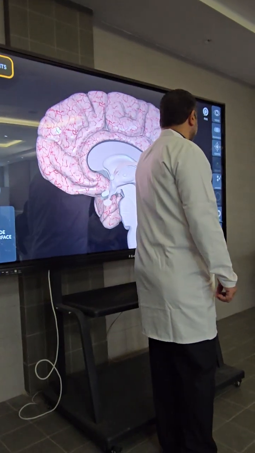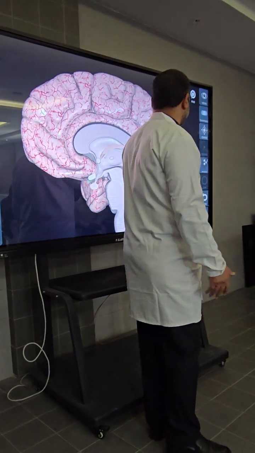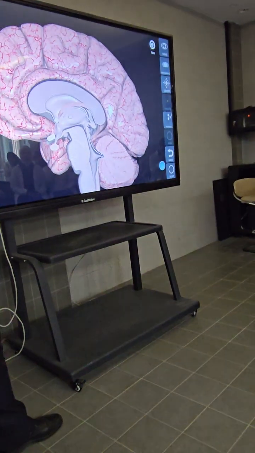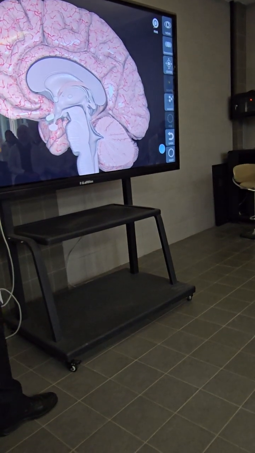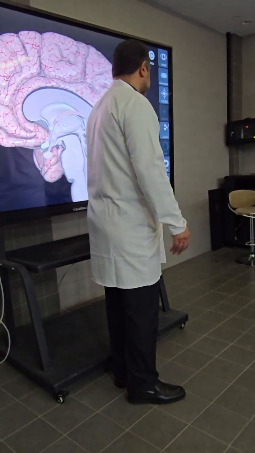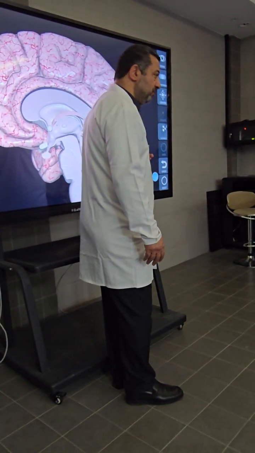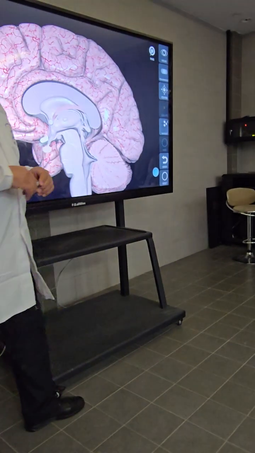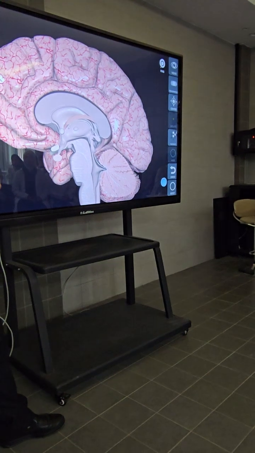Between the parietal lobe and occipital lobe on the medial surface, there is a sulcus called the parieto-occipital sulcus. On the medial surface of the occipital lobe, from the occipital pole, there is a horizontal sulcus called the calcarine sulcus.